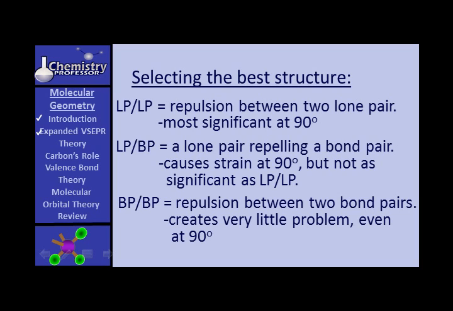This creates very, very little problem, even at 90 degrees. This one is easy for a molecule to tolerate. So lone pair repulsion at 90 degrees is a no-go situation. Well, virtually. Lone pair, bond pair is not good. It's pretty tough. Bond pair repulsions between two bond pairs is fine. That's not a problem. So now let's go back and look at those three.